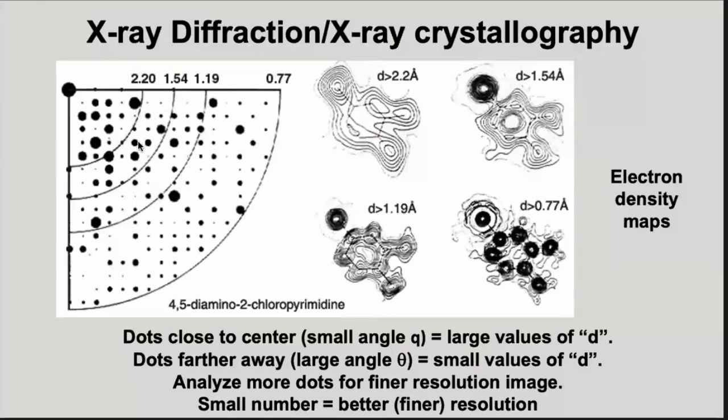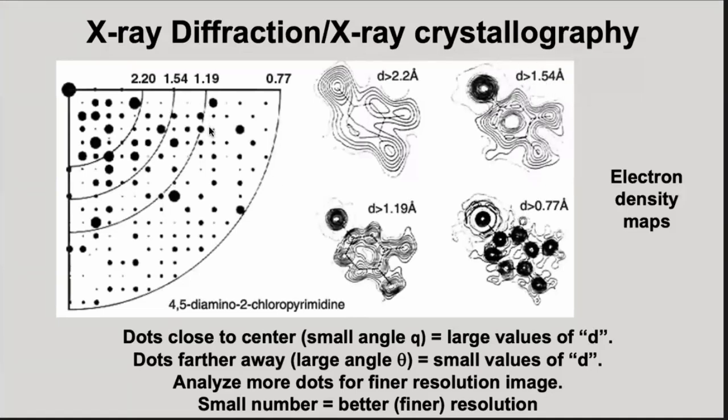These are larger values of theta, but that translates to somewhat smaller values of D. If you analyze all the dots that fall inside that second circle, you get a model with a resolution of 1.54 angstroms. Over here, we're starting to get a clearer picture of the molecule. We can tell there's something big up here at the top, and we're starting to get a sense that there's a ring with a couple of things sticking off of it. But these are distances, values of D, that are greater than 1.54 angstroms.